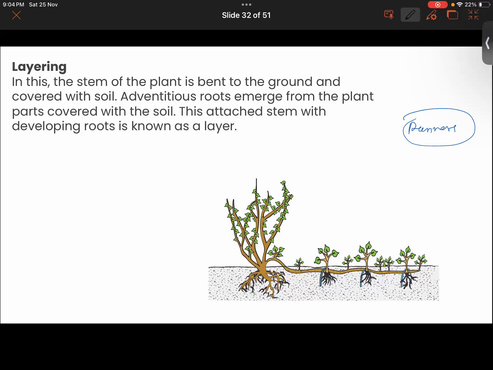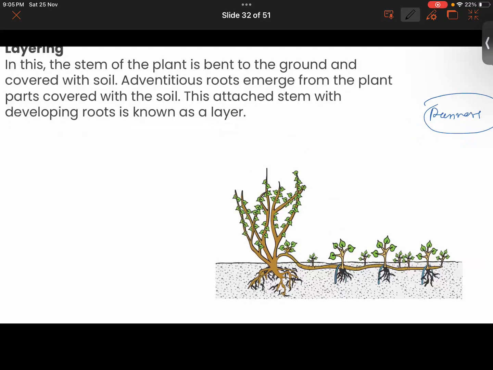Were we manually twisting the branches or stems of the plant to make them touch the ground? No, obviously not. But in the process of layering, we will manually twist the branches or stems of the plant so that they will be touching the ground.